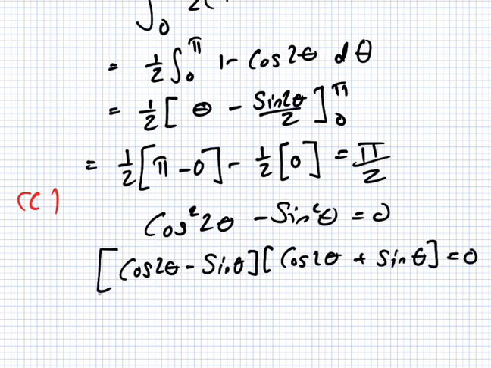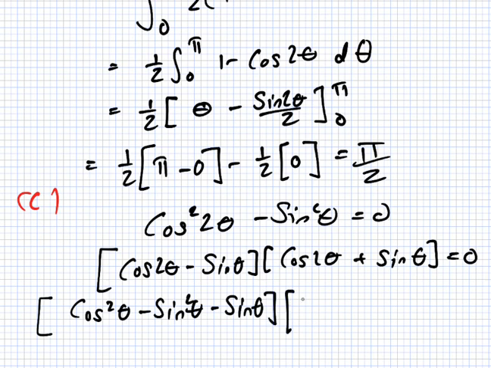Now I should replace the cos 2 theta. Cos 2 theta is cos squared theta minus sine squared theta minus sine theta. And then this is the same thing, cos squared theta minus sine squared theta plus sine theta equals 0.